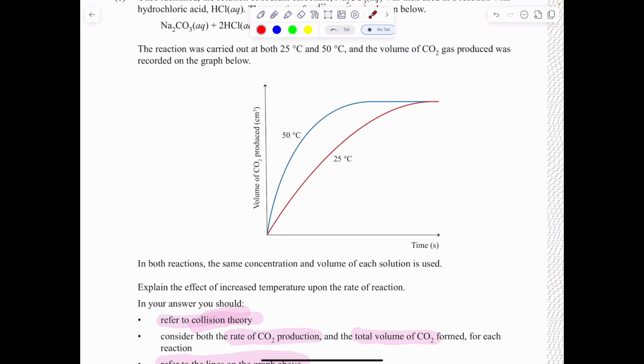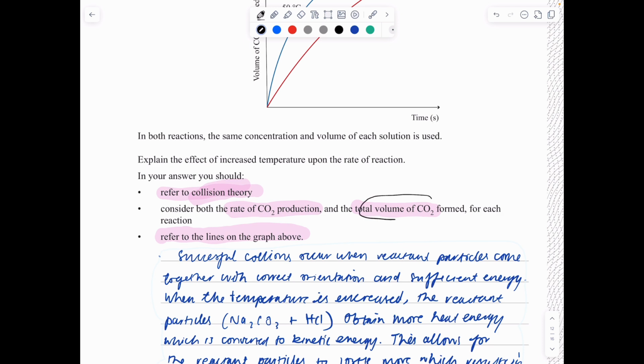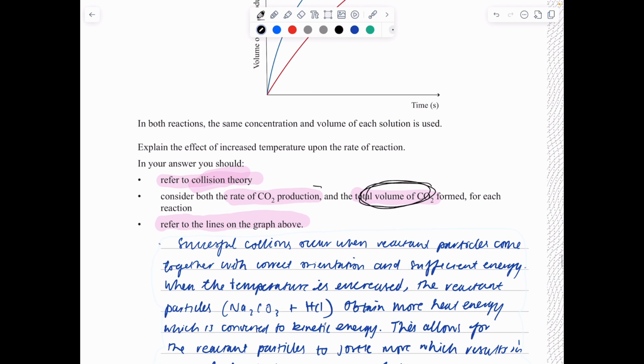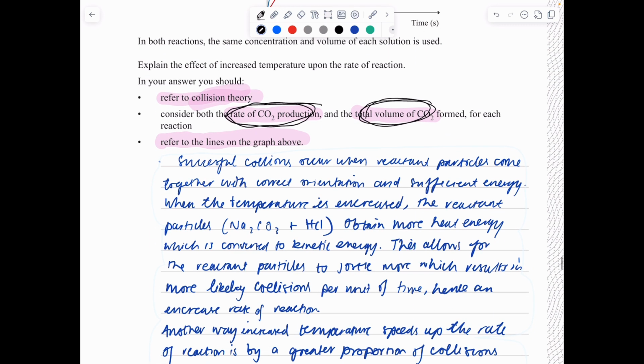So it seems like at this point the concentration of CO2 produced is less, okay, is less. But by the end of the reaction, it's actually the same for both of the lines, okay? So the volume of CO2 is going to be the same by the end of the reaction. It's just faster for the 50-degree reaction, okay?